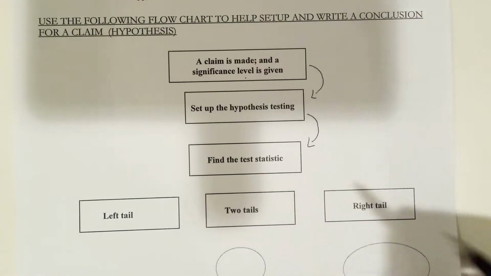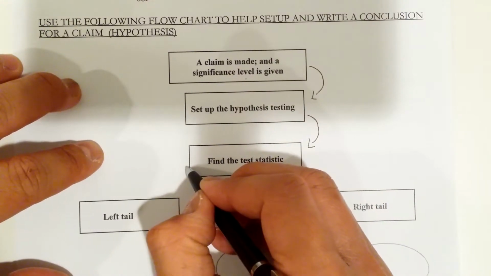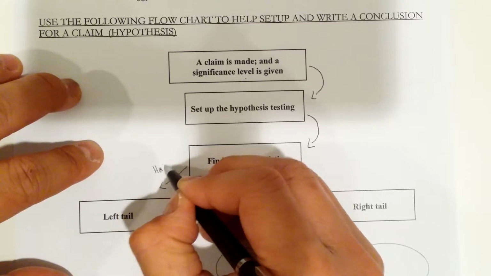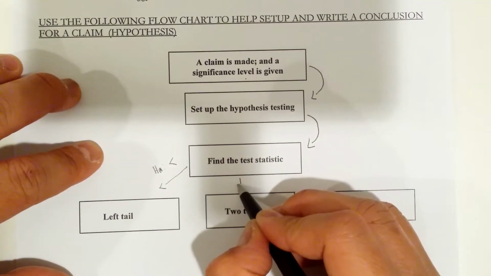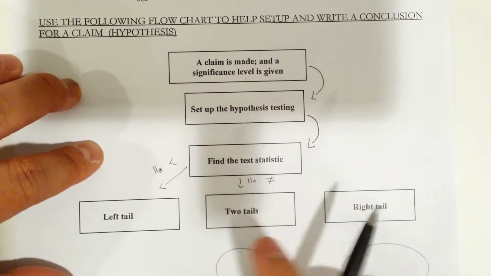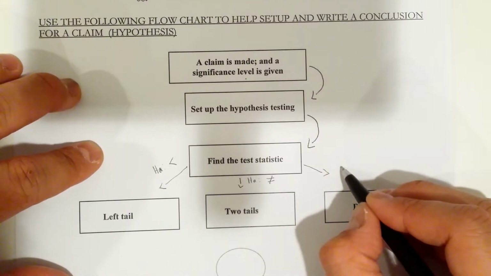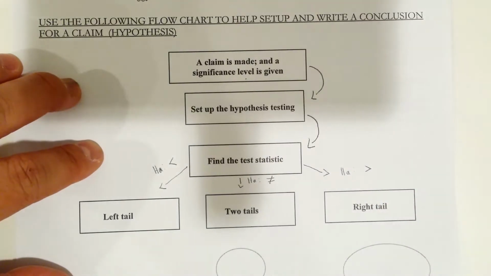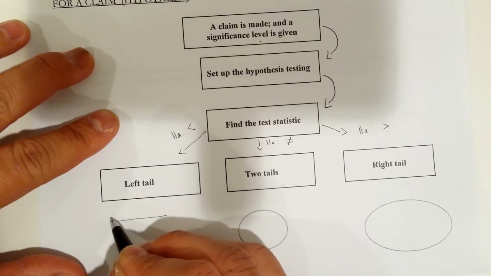Once you have found the test statistic, which is going to be a z-score, you move on to either the left tail, if you see a less than, or a two tail, if you see a doesn't equal to. And last, if you see a greater than, then you move on to a right tail. Remember that a left tail looks kind of like this.